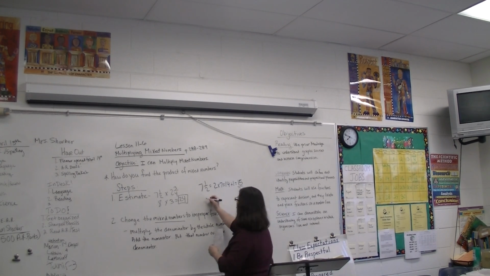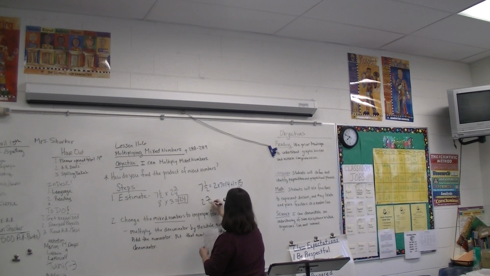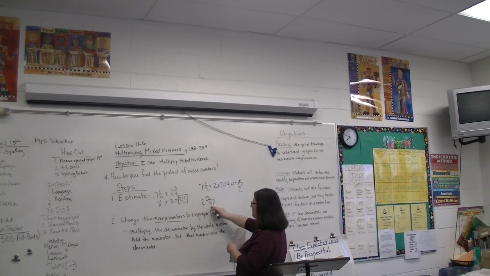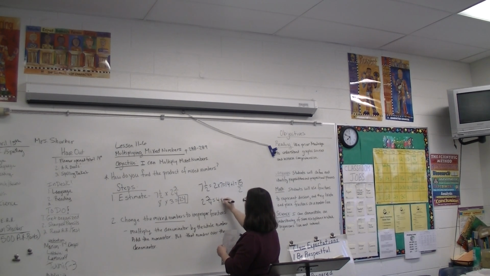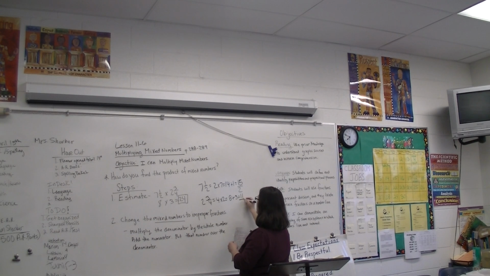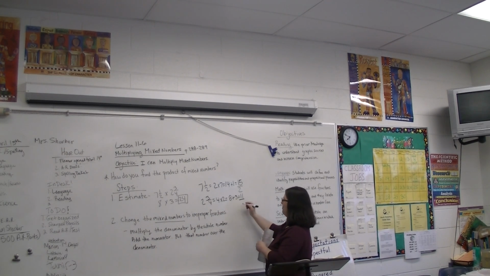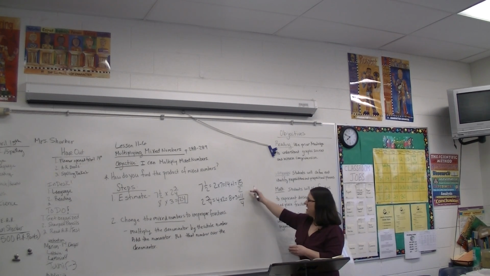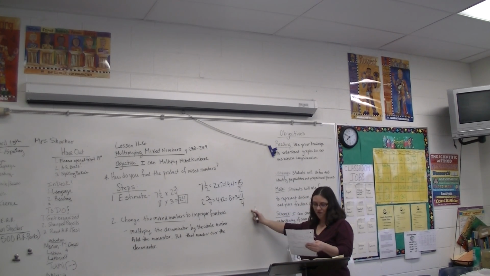Then you have 2 3/4. Again, you take the denominator times the whole number, so 4 times 2, which is 8, plus 3, which is 11, and you put it back over your original denominator, which is 4. So now our two new fractions are 15 halves and 11 fourths.